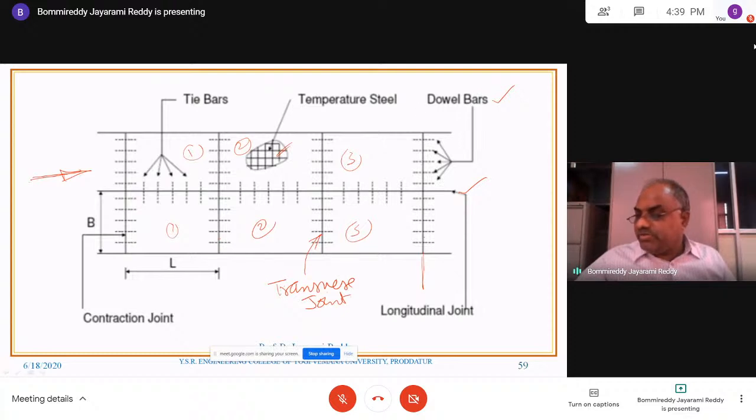So that means across the cross section, the bars are dowel bars. And across the longitudinal joint, these bars are called the tie bars. You can look at tie bars. Tie bars are provided along the length. It is only for the longitudinal joint. So these are the various different parts of the pavement and associated reinforcement required.